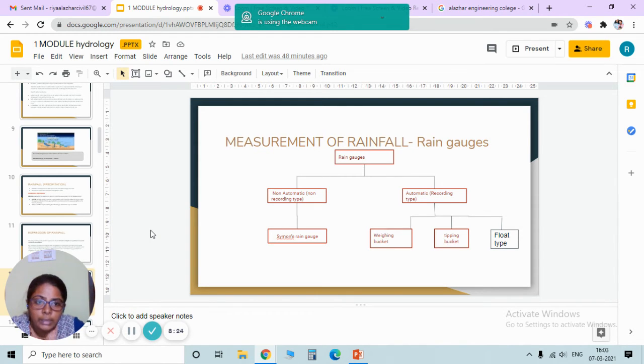And in automatic rain gauges, you have three options: vane bucket method, tipping bucket, and float type. Now we will see each one by one: what is Simon's, what is vane bucket, what is tipping bucket, and what is float type, and how they are different from each other.